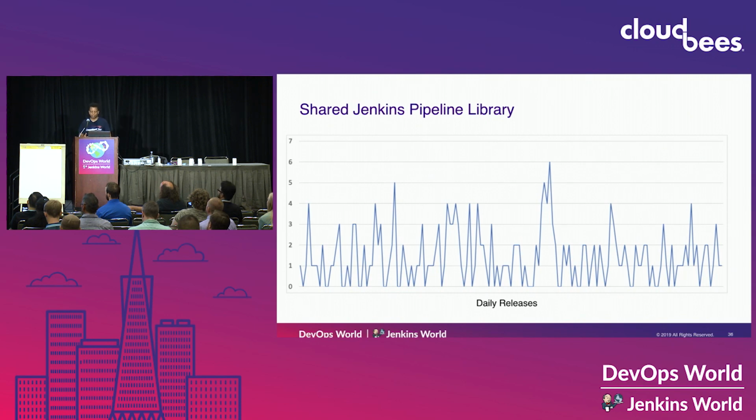Here's a snapshot of the volume of releases happening against our shared library. As you can see, we perform multiple releases every day. Every PR that gets reviewed, tested, approved, merged, becomes a brand new release. So you may be asking yourself, why do we release so frequently?